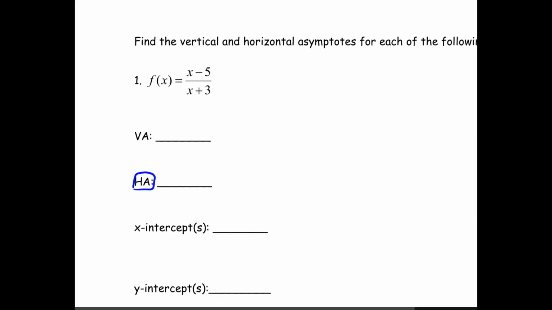How do the degree of the numerator and the denominator compare? They're equal. So what's my horizontal asymptote going to be at? Good, 1 over 1, which simplifies to 1. So the horizontal asymptote is y equals 1.